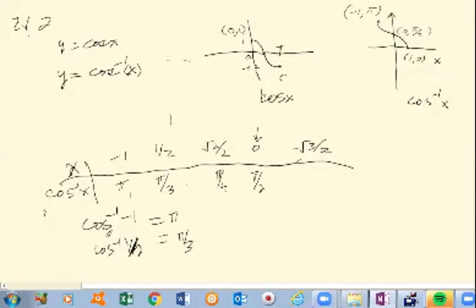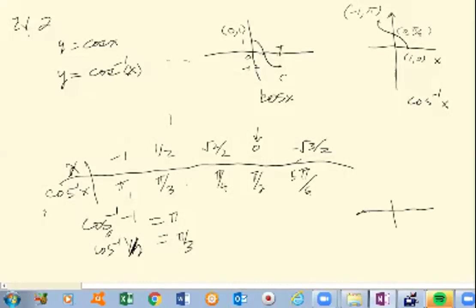When is it -√3 over 2? Well, the first place that happens is all the way at 5 pi over 6. Again, you have to look at the unit circle for that one.